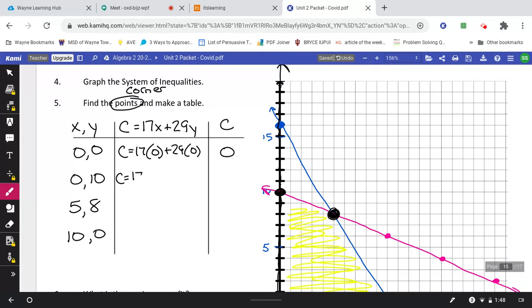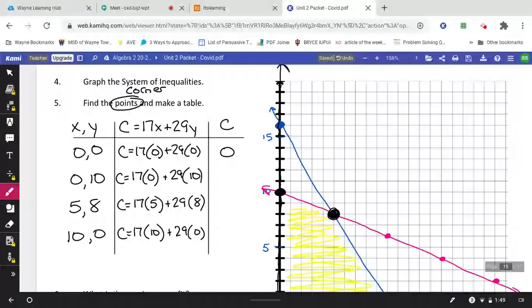All right, and I'm just going to do the same thing for the rest of these. Plugging in the first number for the x and the second number in for the y. Then use your calculator, do your multiplication, and then add the 2 numbers together.